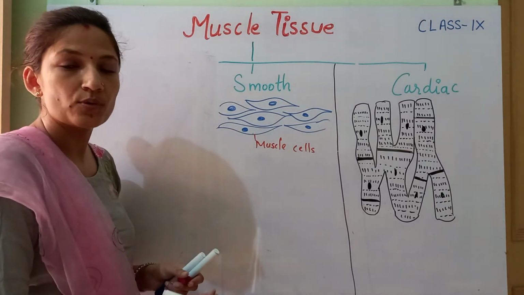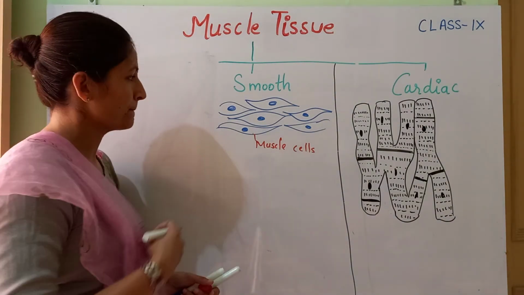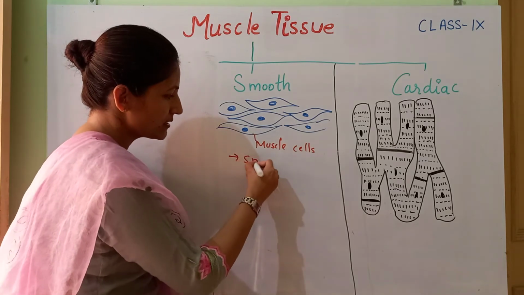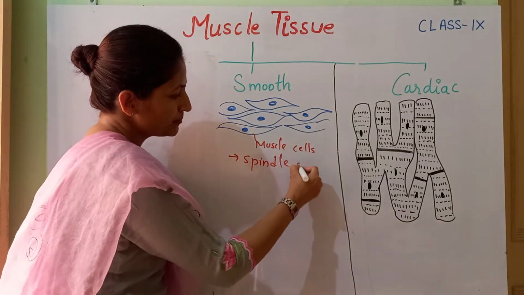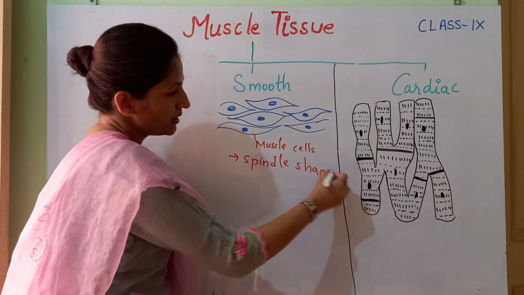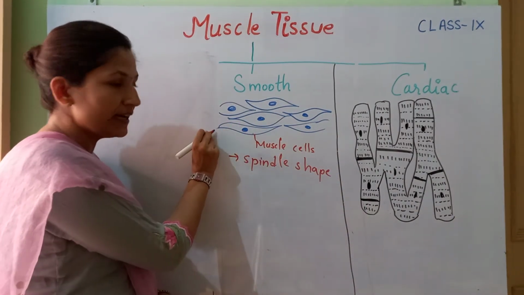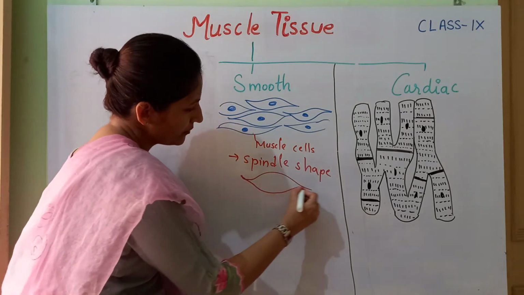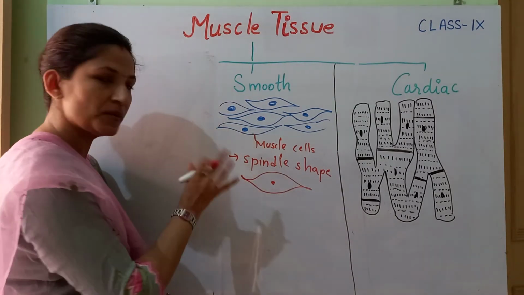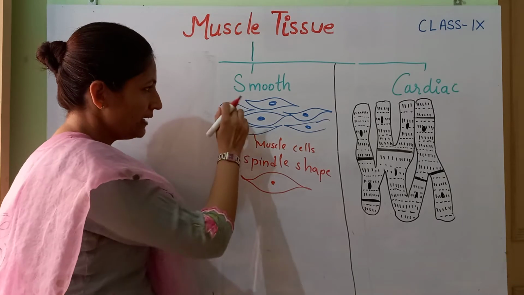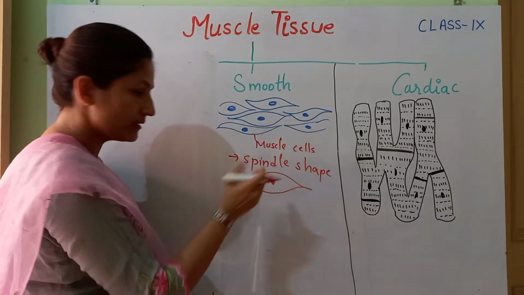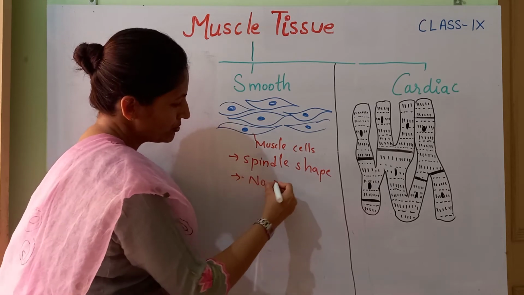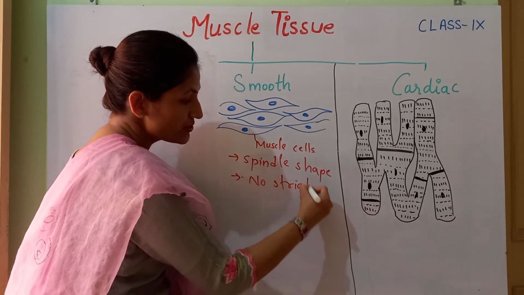Okay, we can call them muscle fibers as they are long. The shape of the cell, as you can see, is spindle shape. Okay, tapered, pointed at the ends, bulged out from the center in this way. Spindle shape cells. And no bands, as you can see, no bands are visible. Okay, so no striations.